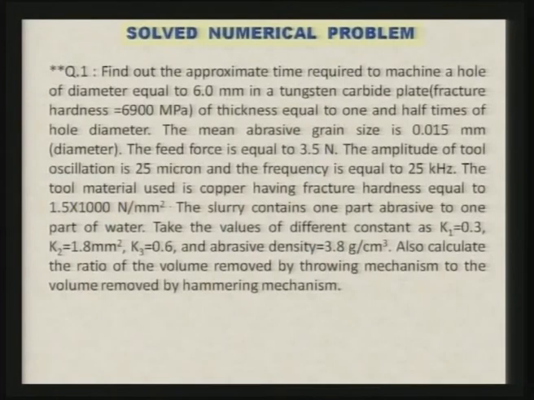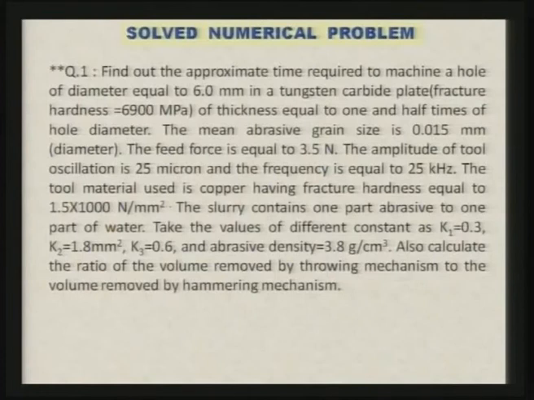The mean abrasive grain size is 0.015 millimeter. The feed force is equal to 3.5 Newton. The amplitude of tool oscillation is 25 micron and the frequency is equal to 25 kilohertz. The tool material used is copper, having fracture hardness equal to 1.5 into 1000 Newton per millimeter square.